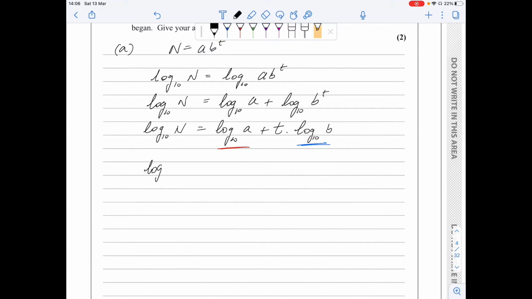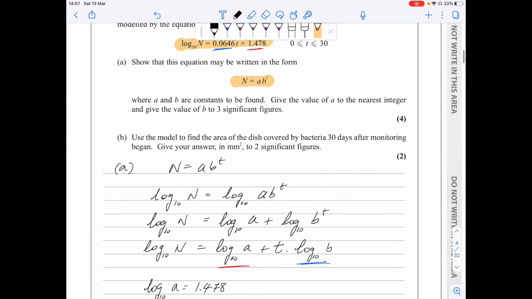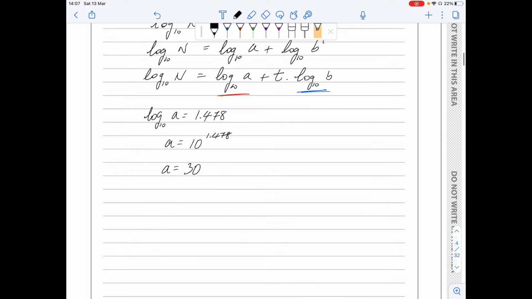So log a equals 1.478. A is equal to 10 to this power. A comes out to be 30 to 2 significant figures, to the nearest integer as required, and then log of b equals 0.0646.